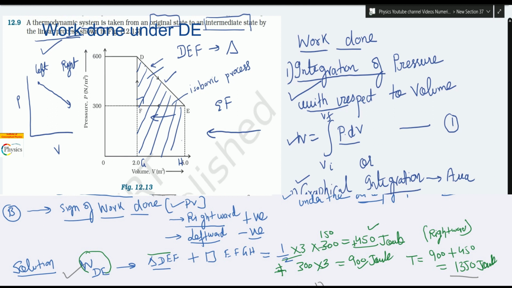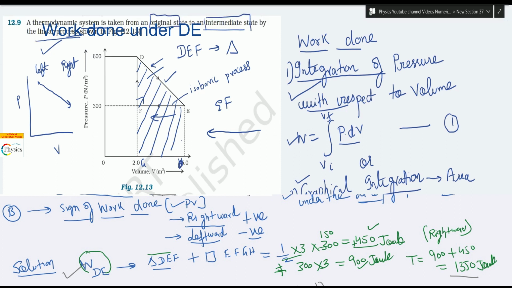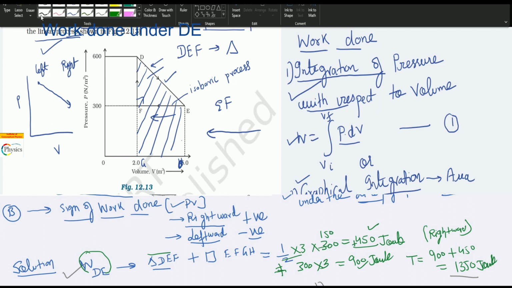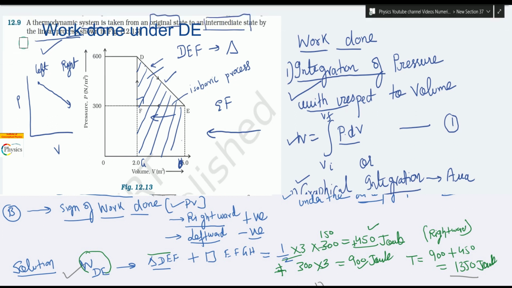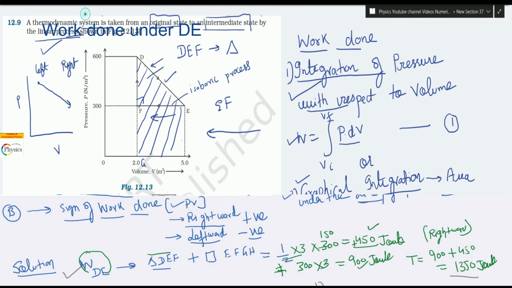Am I able to read this value? Let me rub this off, using the eraser, so that I can at least read the value. This is the point H. So this is 5, and let me start writing it again. So half, what is the size of EF?